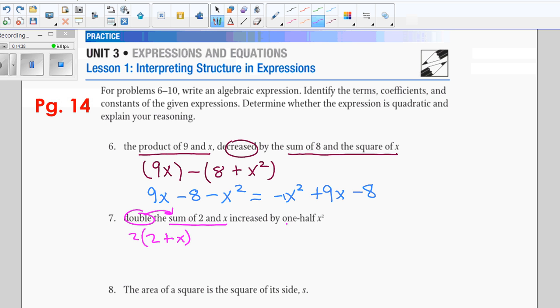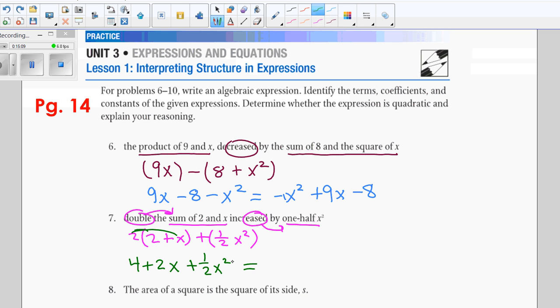And then I want to increase this by 1/2 x squared. Well, I can write 1/2 x squared. That's 1/2 x squared. This is the same as saying the square of x. And notice that I want to increase these two things that I wrote. So this is what I wrote, so I can throw parentheses around this and then put increased by in between them. Okay, if I simplify it, distribute, I get 4 plus 2x, and then the addition here, I can just drop that plus 1/2 x squared.